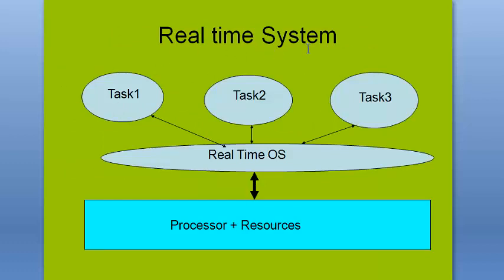This is an example real-time system. We have more than one task: 1, 2, 3. We have a processor plus associated resources. Processor can be a DSP processor, a microprocessor, or a microcontroller. Resources can be memory, an analog to digital converter, digital to analog converter, DMA controller.